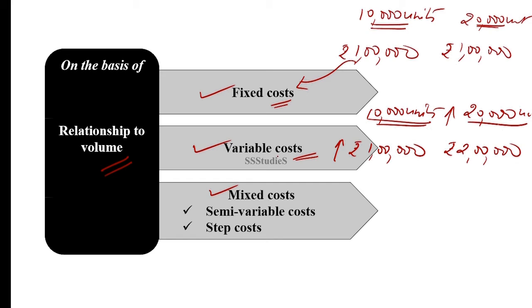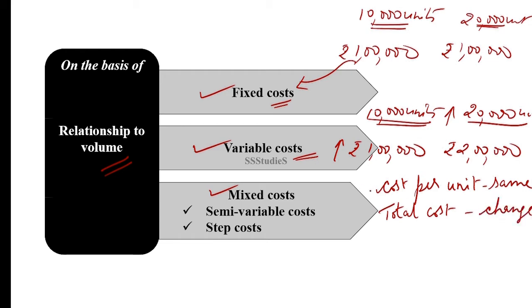Such costs are called variable costs. One of the characteristic features of variable cost is that cost per unit will remain the same, whereas the total cost will change.